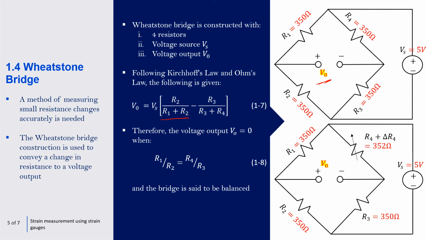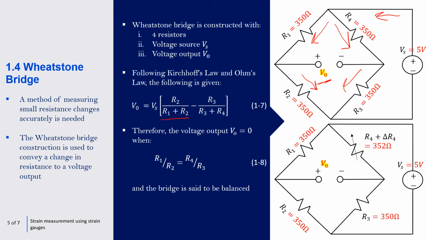If we look at this particular example, we've got a current flowing from the positive terminal of the supply voltage. It will split equally down here and down here, and the same current then flows through R2 and R3.